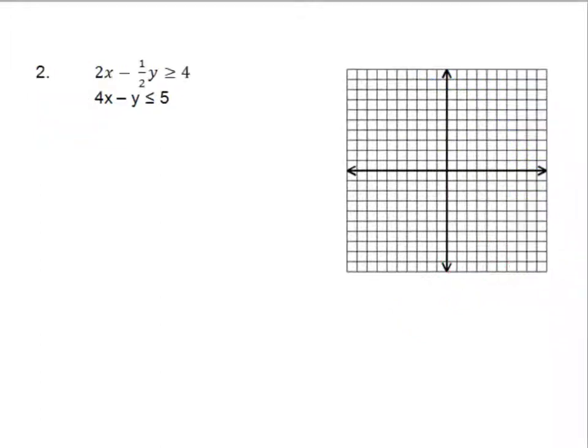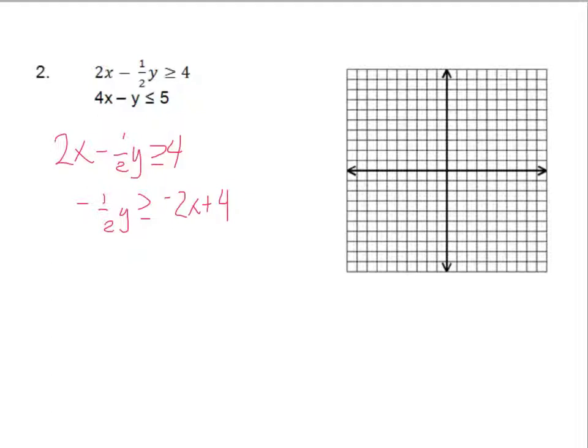Alright, let's do another. We've got 2x minus 1/2 y is greater than or equal to 4. I need to solve that for y in order to be able to graph it. So 2x minus 1/2 y is greater than or equal to 4. Subtract 2x, so negative 1/2 y is greater than or equal to negative 2x plus 4.